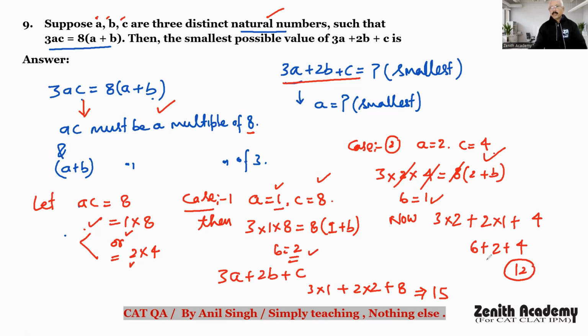This time, the value of 3A plus 2B plus C is 12. So 12 is smaller than 15. So its smallest possible value is 12. So the answer is 12.